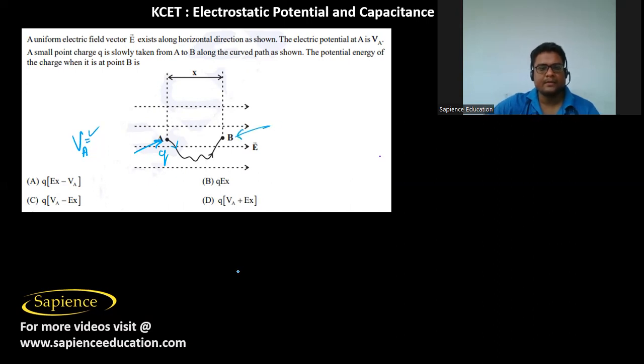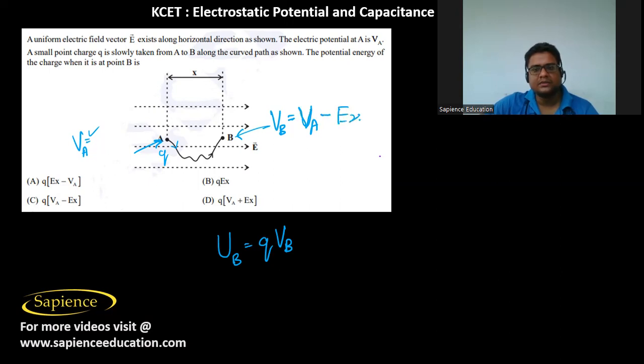So the potential energy of the charge at point B is equal to Q into VB, where VB is the electric potential at point B. So VB will be equal to VA minus E into X. Why?